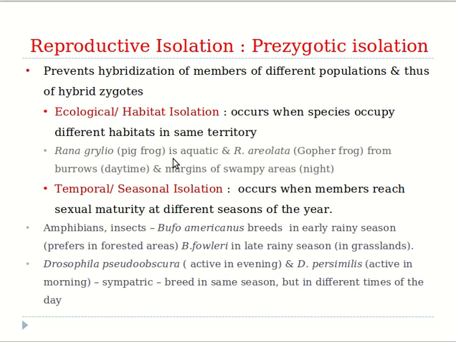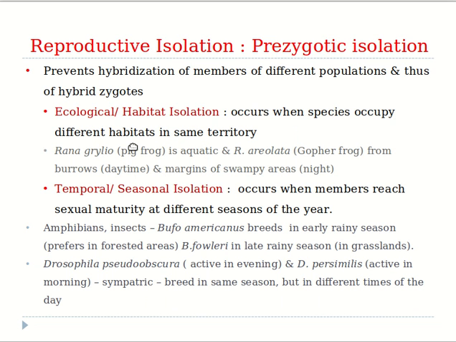Now the typical specific example is with regard to the Rana species. Rana is a frog. Rana grylio is the pig frog, and Rana areolata is the gopher frog. These are two species of the same genus.